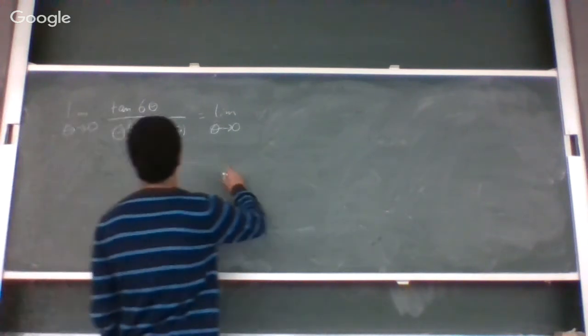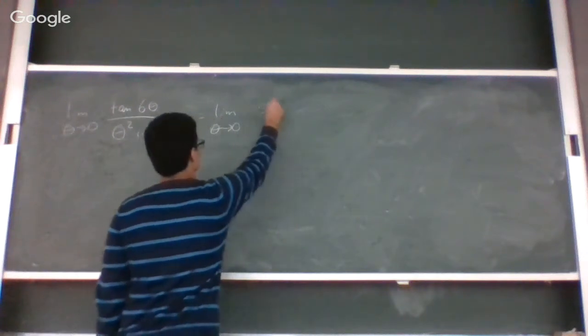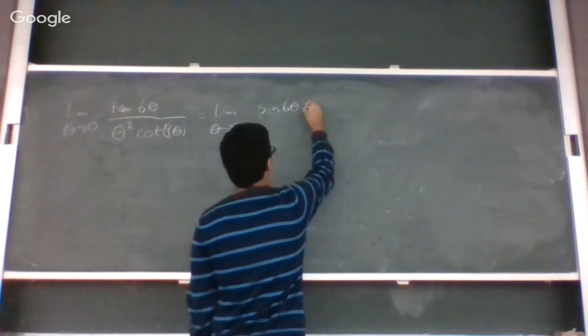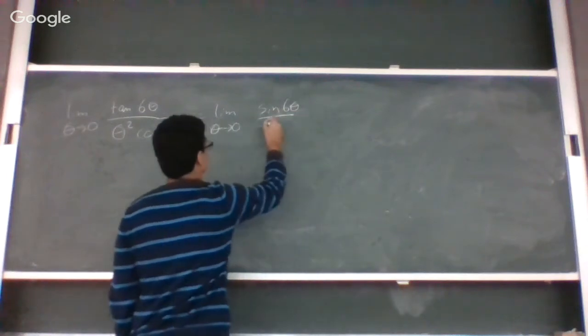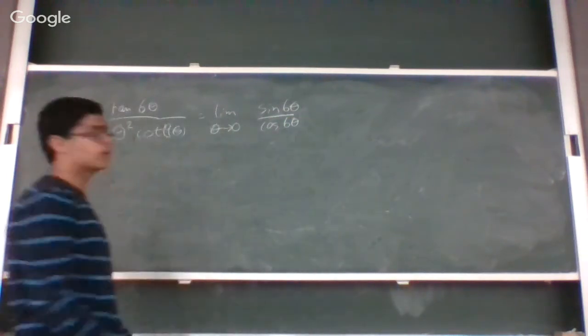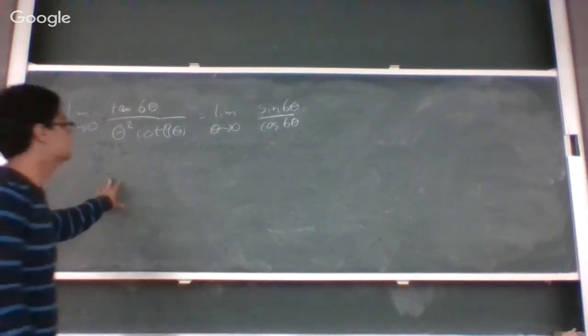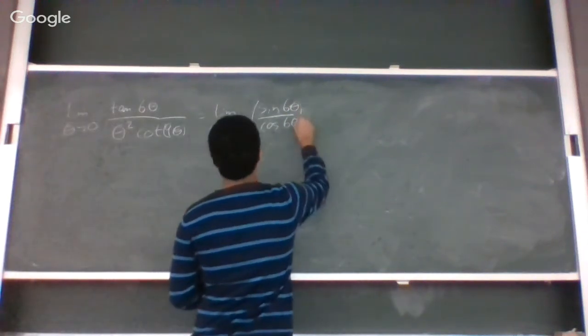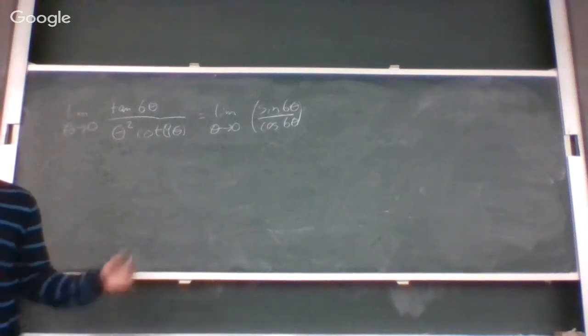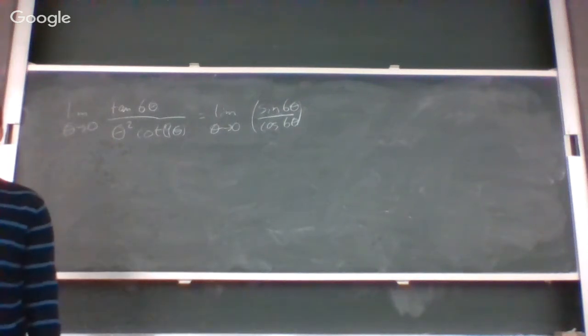So we see a tangent, so we can just do sine of 6 theta all over cosine of 6 theta. Okay? That's what that tells us. And then we have cotangent of 9 theta, right? What does that tell us if we break it?